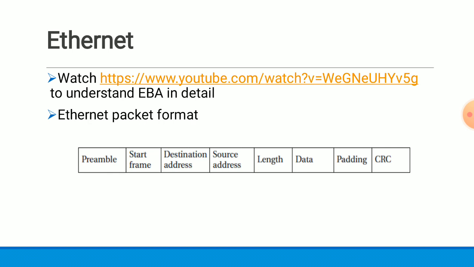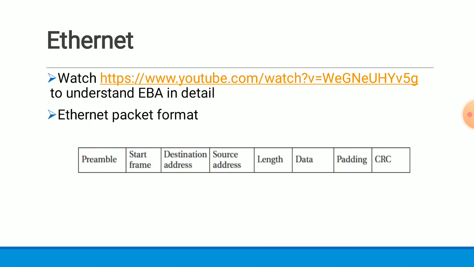For this data field, the minimum payload is 46 bytes. If the actual payload is less than this, padding bytes are added accordingly, which is shown as the next field, the padding field. If the actual data is less, some bits are padded or added with the data, and that is called the padding field.